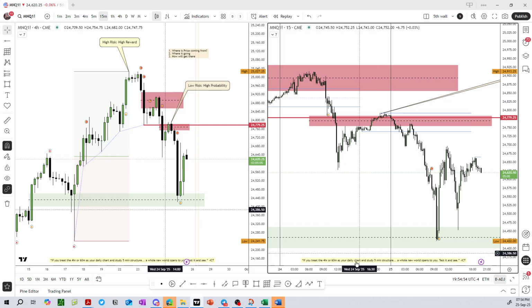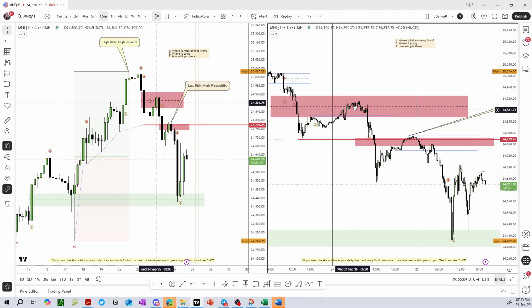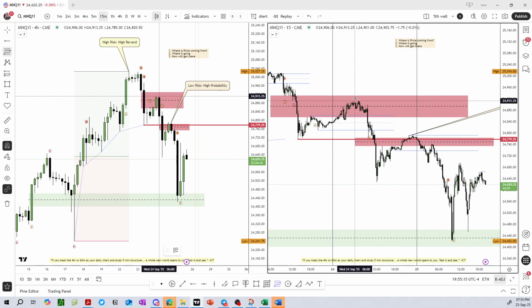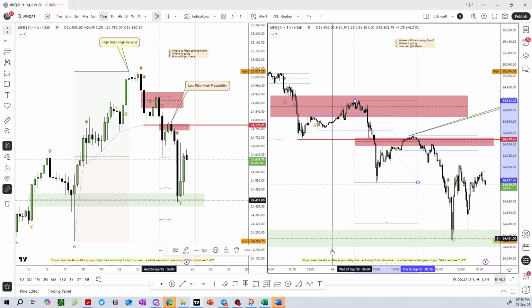So price, what key levels? So price opened here, around here, inside the range of this previous day. So we had a retracement here, and you could have went, let's see, so this is the high, this is the low.